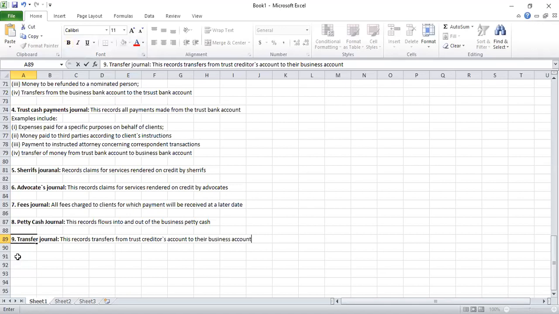Then last, we've got a general journal. In the general journal, we record all transactions that cannot be recorded in any of the above journals.